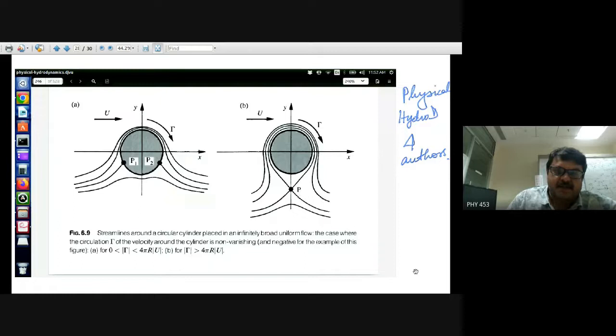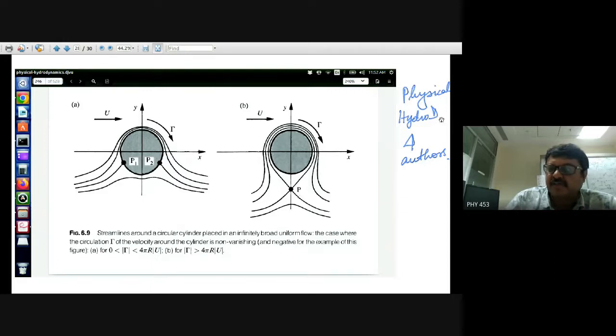And whatever I told in terms of the stagnation point, for low circulation you will have two stagnation points, and the flow field will look like this. This will be more parallel, with less curvature, whereas the top one will have more curvature. Note, I'm not using the word vorticity, just that this will be a higher velocity. And this is the stagnation point.